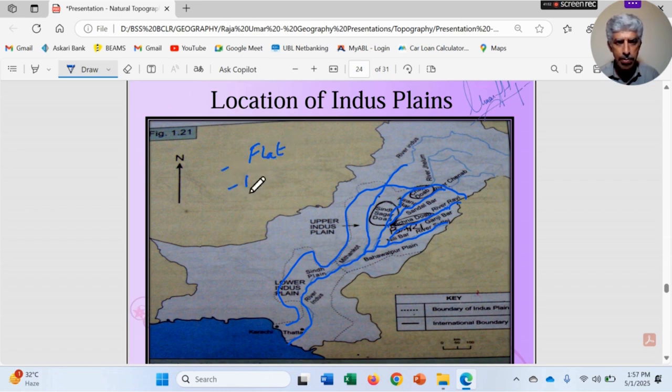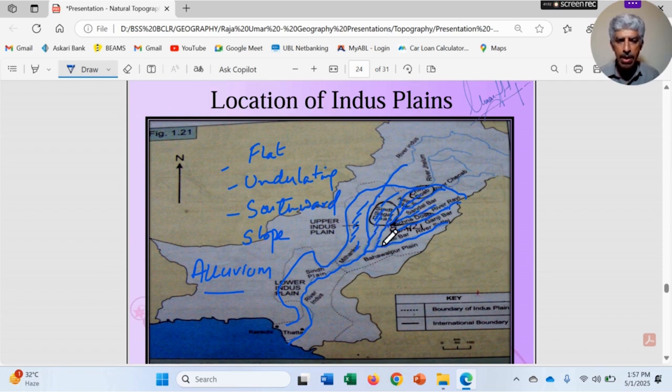undulating, southward slope land, and it is formed because of the alluvium, I mean the fertile soil brought down by the rivers while flowing down, and that spreaded soil in these regions has made this soil really very fertile and very productive for growing all sorts of crops.